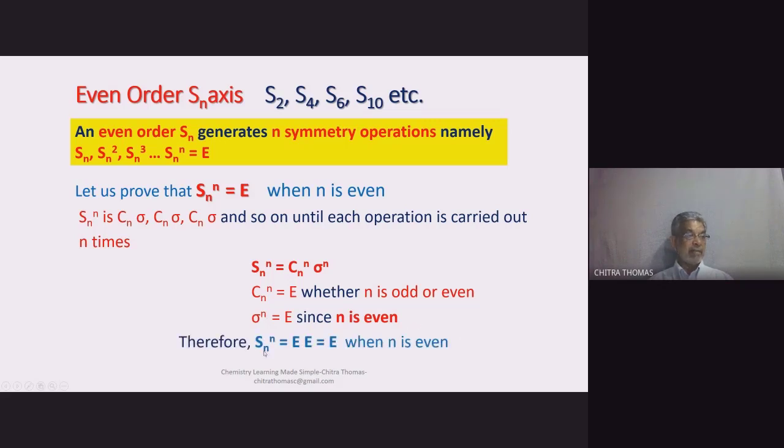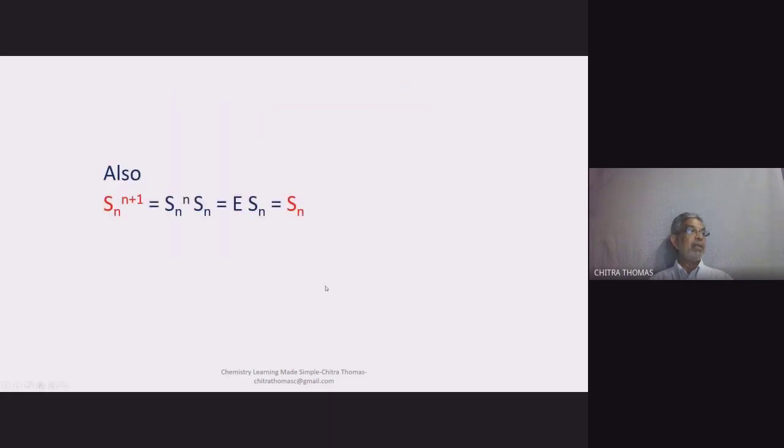Therefore, Sn^n is equal to E into E, which is E when n is even. Also, Sn^(n+1) is equal to Sn^n, then another Sn, and Sn^n is identity, so it is Sn. Sn^(n+2) is equal to Sn^n times Sn^2, which is Sn^2, and so on.